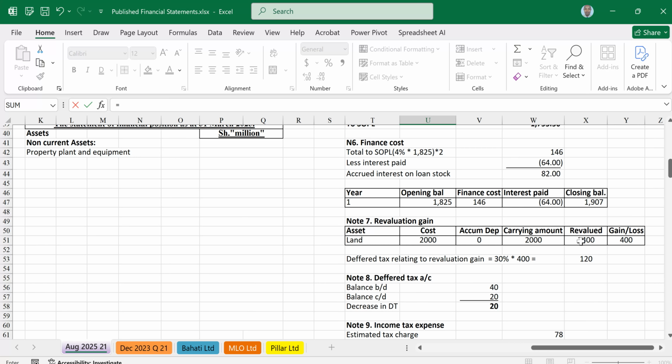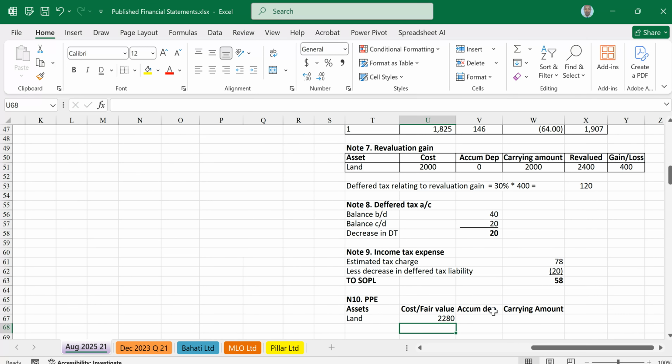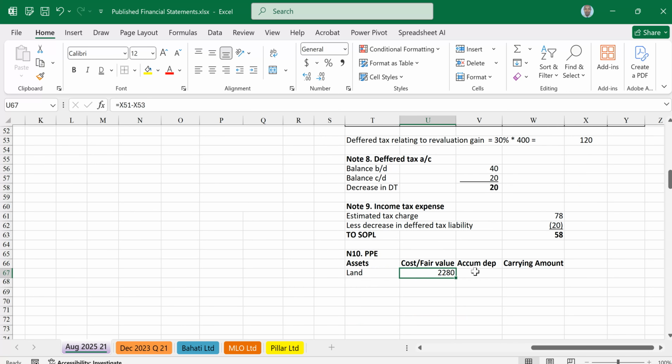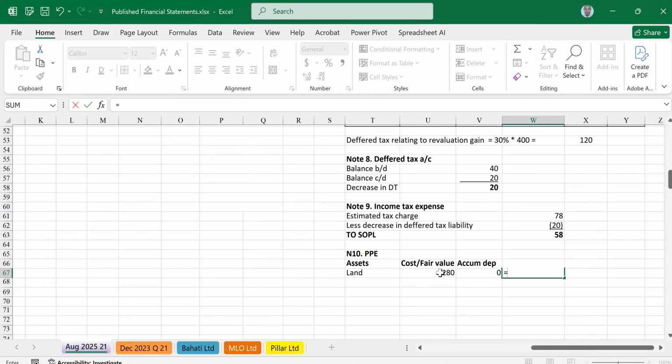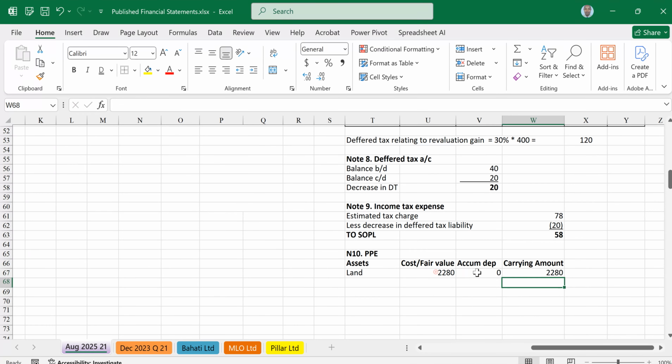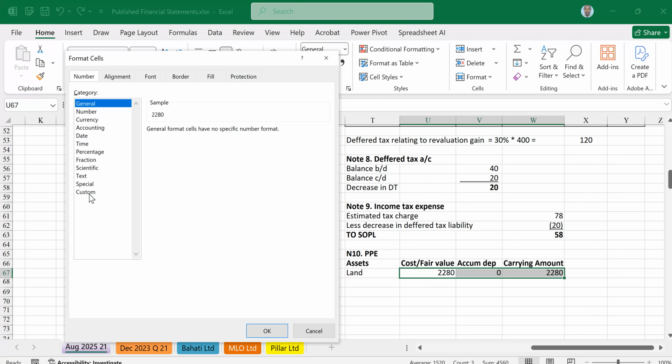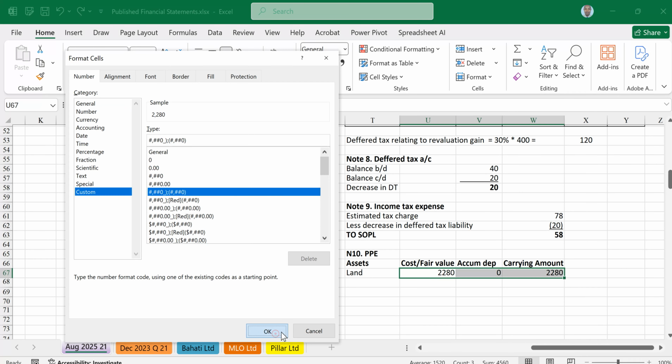So I'm going to take 2.4 minus 120, because you must report net of deferred tax for land. There is no depreciation. Then the carrying amount will be the same. Cost minus the other figure there, you get the carrying amount. So for land, report that value net of deferred tax. You cannot take it the way it is.